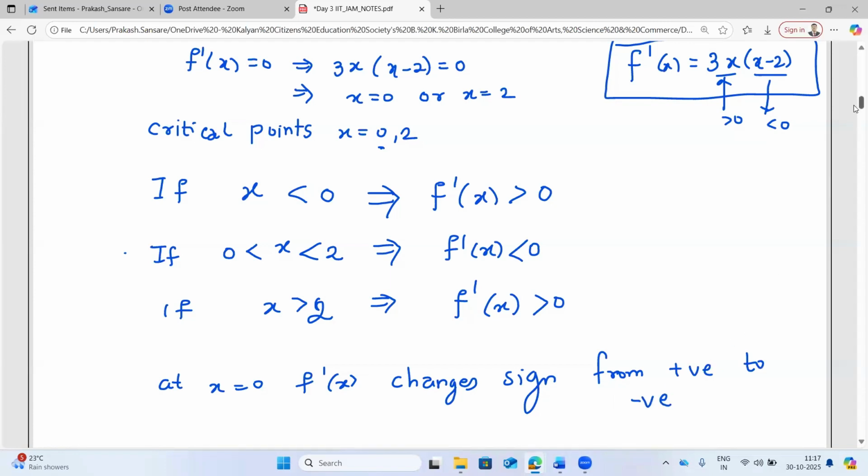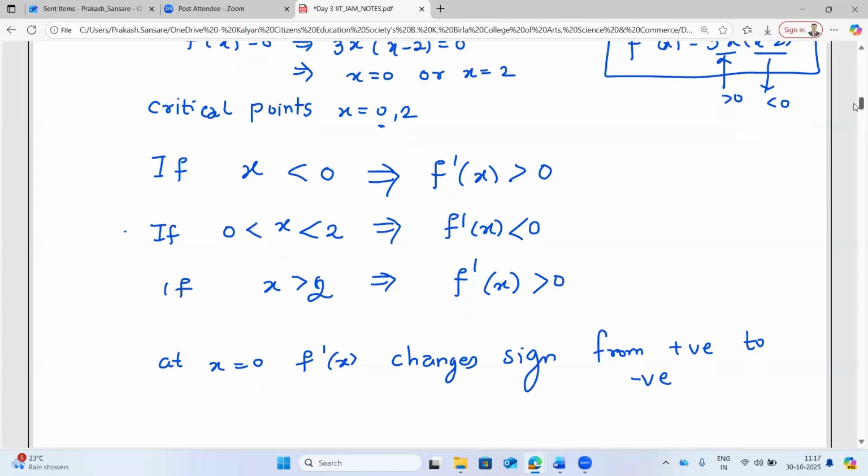Then is x equal to 0 a local maxima or local minima? Local maxima.